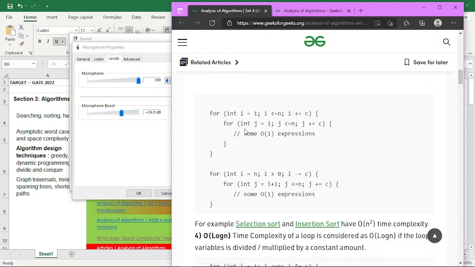So let's say each for loop is incrementing by some amount c, and runs for an amount of time, or decremented by c and runs for an amount of time. Then we can say that its order is big O of n to the power c, where c will be this incrementing or decrementing constant.